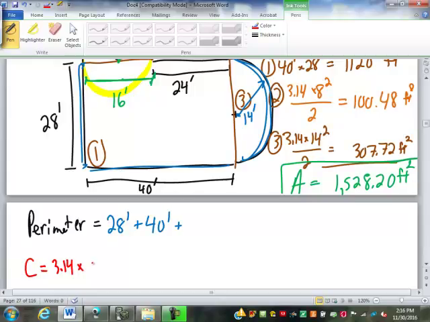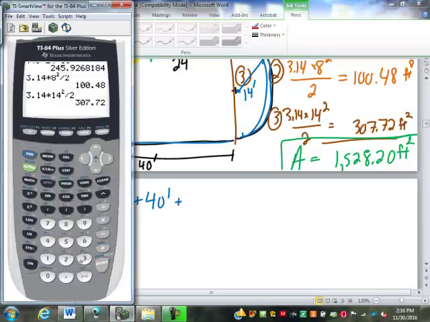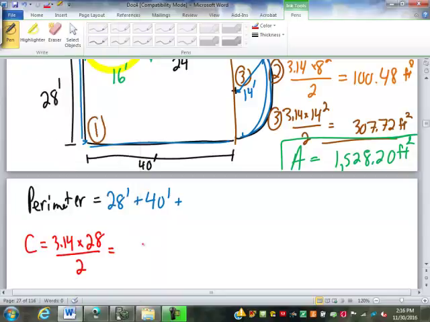Diameter. So times the 28. However, that's only half a circle, so we're going to divide by 2. I just used 14 instead of 28, so I divided it by 2 before. So 43.96 feet.